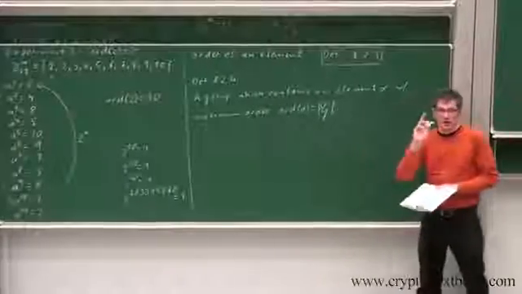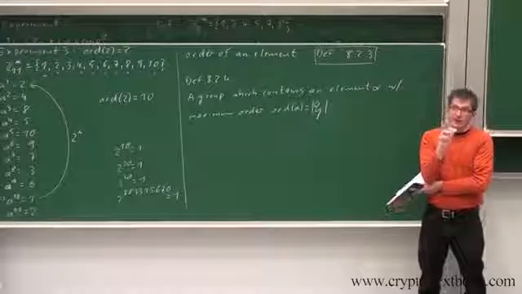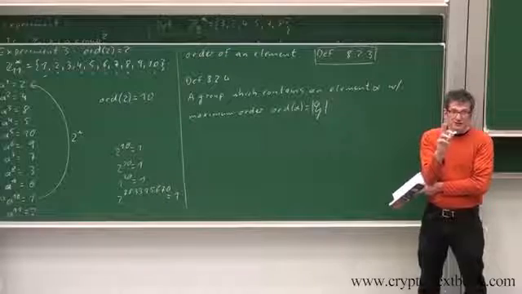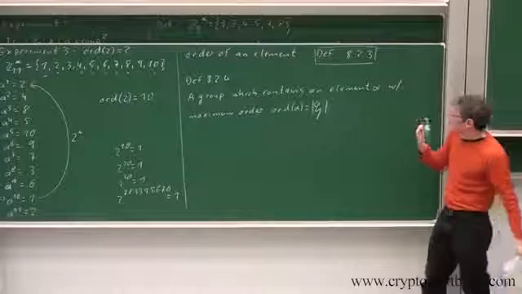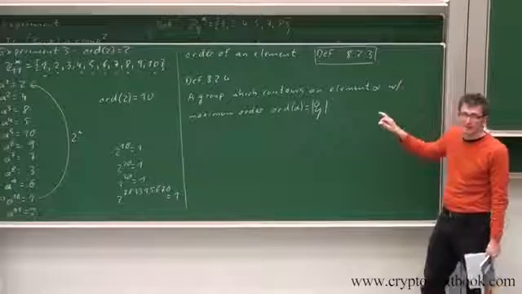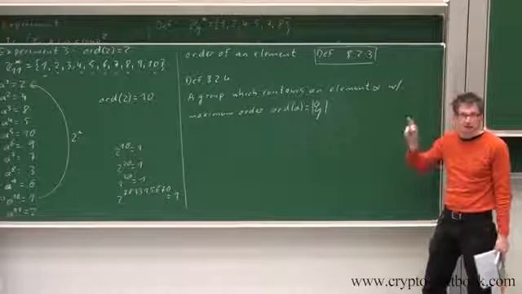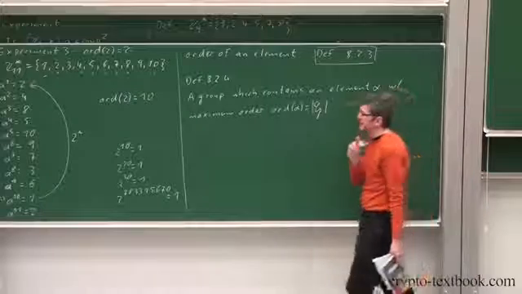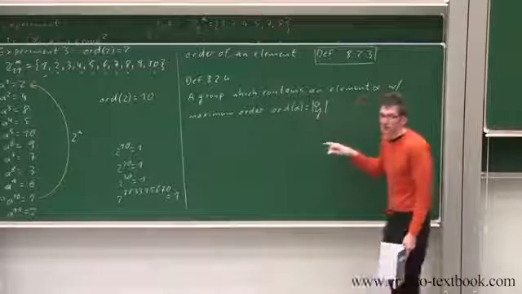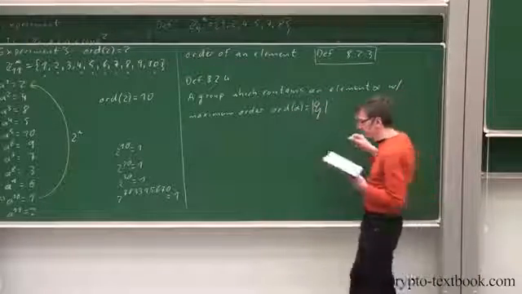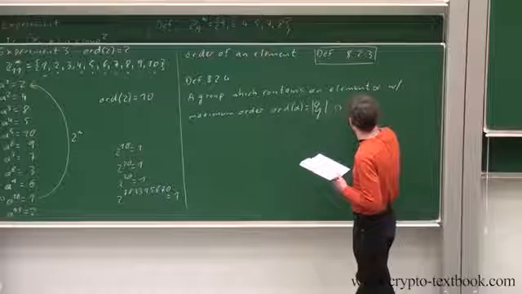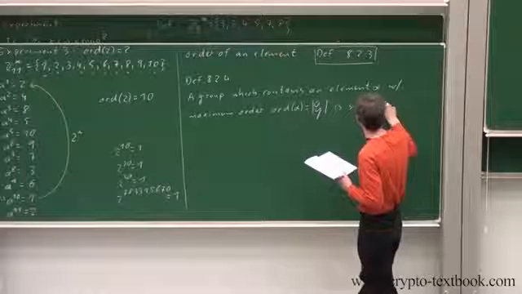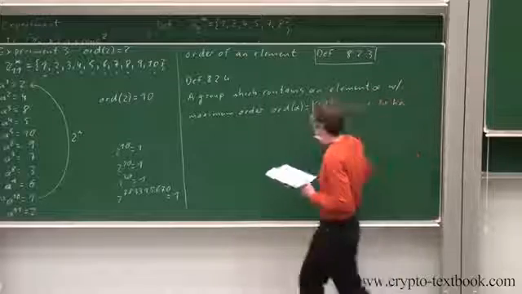So, and now pay attention, wise words from your professor. A group which contains an element with maximum order. So the only thing we are looking for in a given group is whether there is at least one element, mindestens ein Element, which has this order. If this is fulfilled, the group is said to be cyclic.